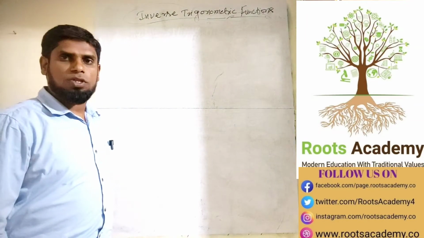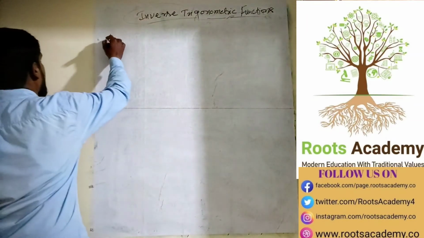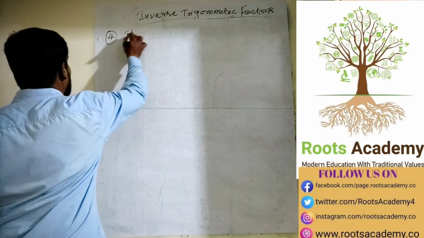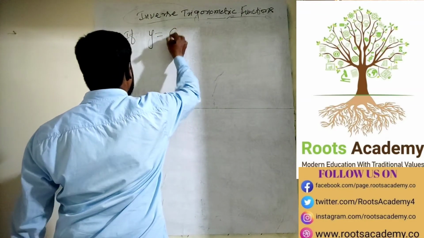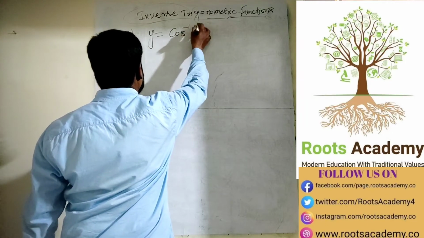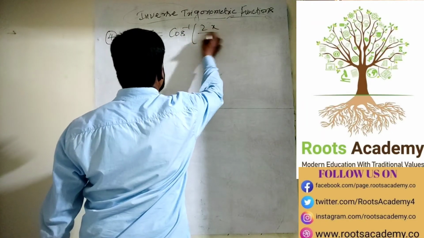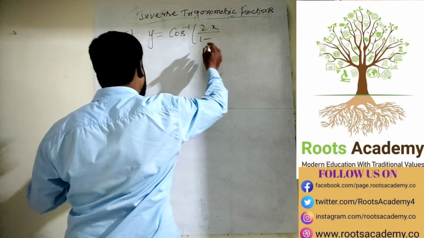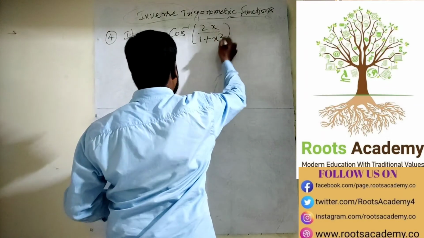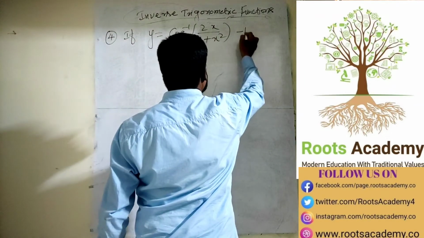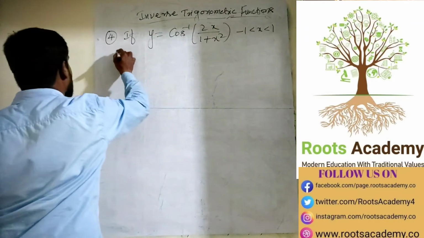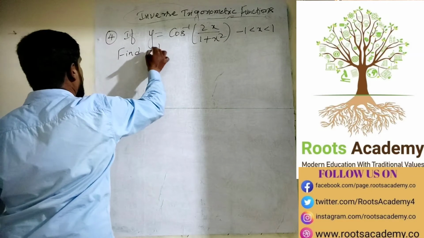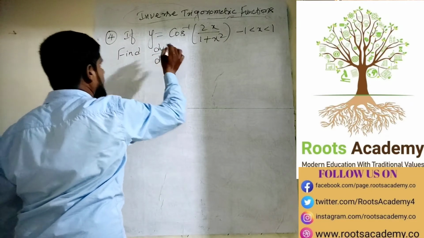Okay, students, now let us go to the next problem. If y is equal to cos inverse of 2x divided by (1 plus x square), where x is from minus 1 to 1, find dy by dx.